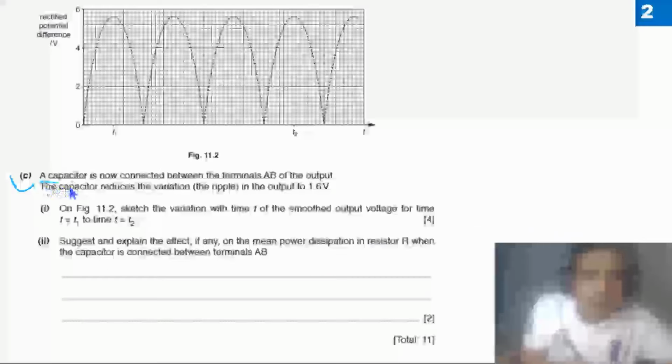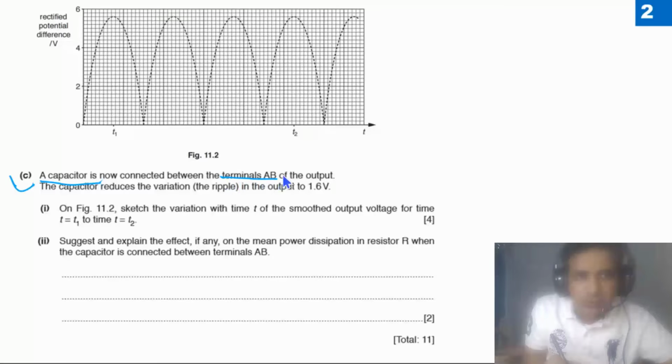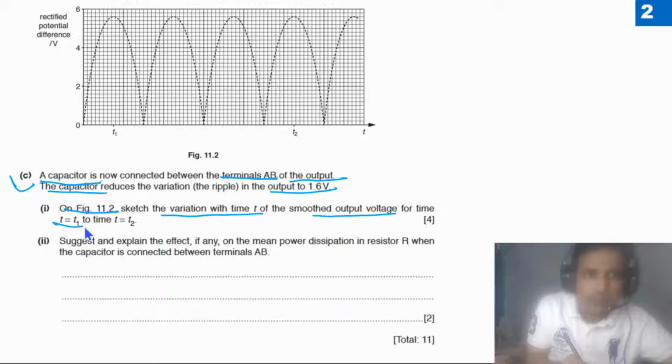Part C says a capacitor is now connected between the terminals AB of the output. The capacitor reduces the variation in the output to 1.6 volts. For part C1 on figure 11.2, we need to sketch the variation with time t of the smoothed output voltage for time t equal to t1 to time t equal to t2.